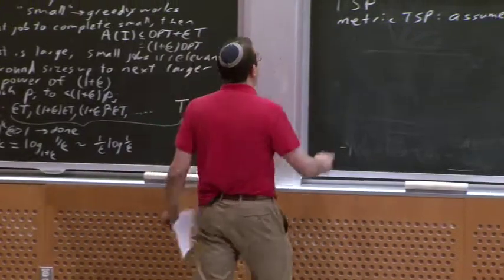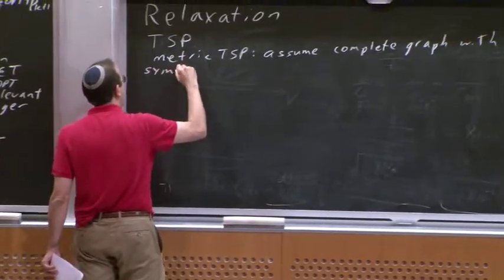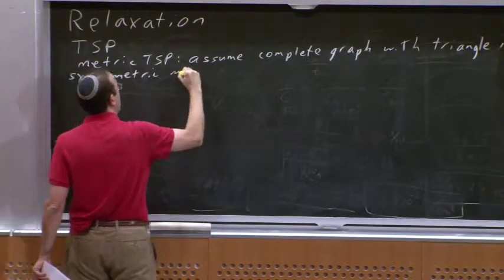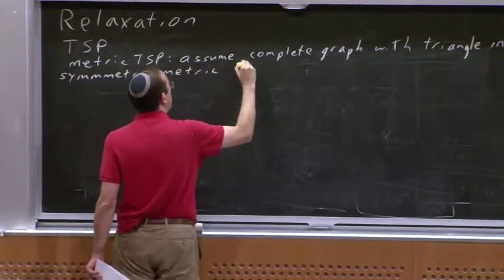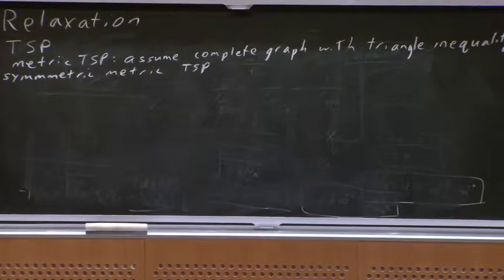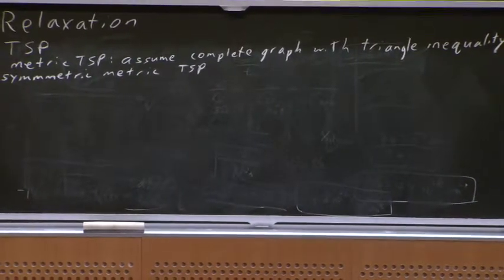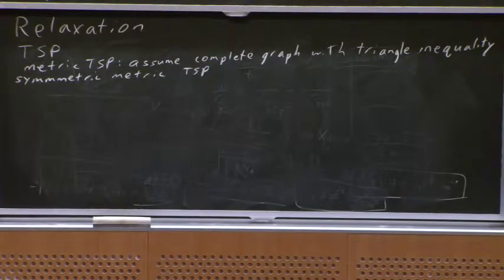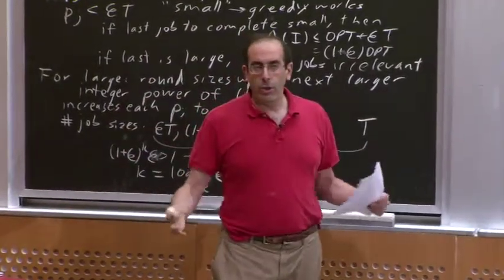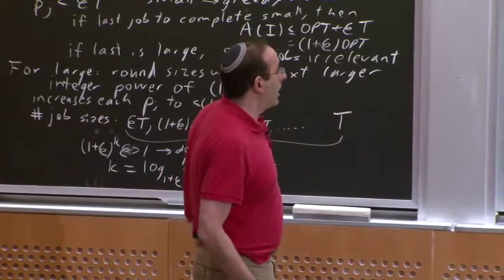And in fact, we are going to also look at the symmetric metric TSP. In other words, we're going to assume it's an undirected graph, so same edge length in both directions. We're not solving this problem in Boston, with all of its one-way streets and such. But you can go either way along any edge.